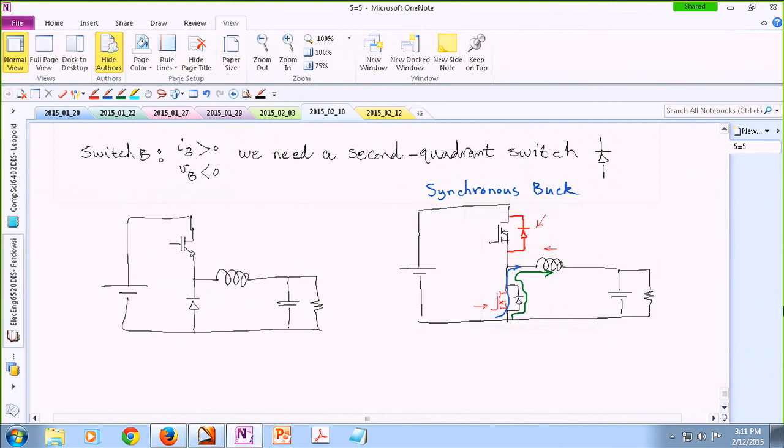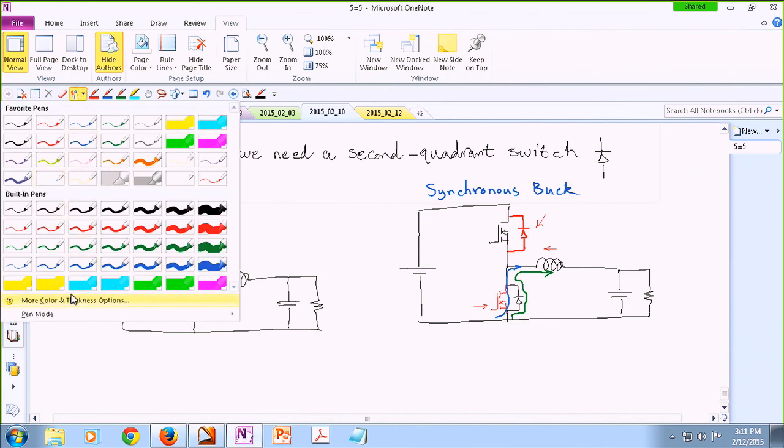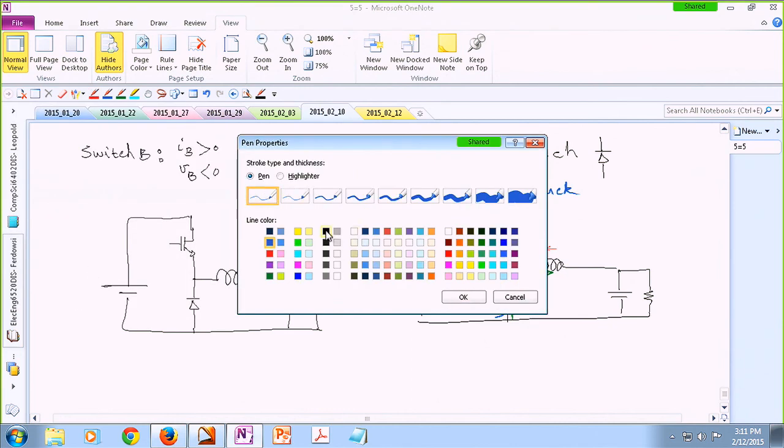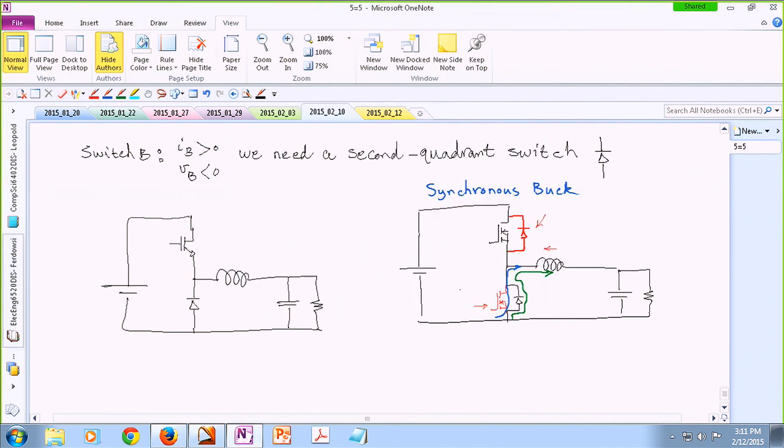So in terms of gating signals, let me draw it, make it a little bit more complicated. All right, so I'm going to call it switch 1 and then switch 2. So switch 1 is turned on and off like a regular buck converter.